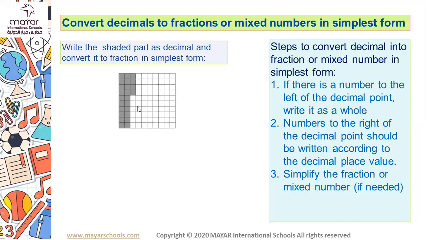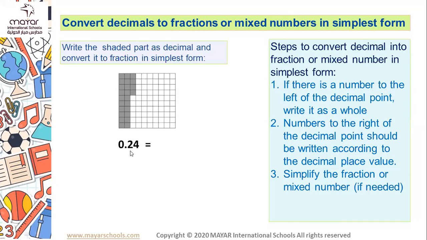Yalla, count with me. 20 and 4. 24. Out of what? This grid is going for what? 100. Yes, so 24 hundredths as a decimal.